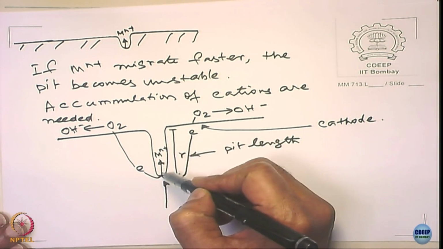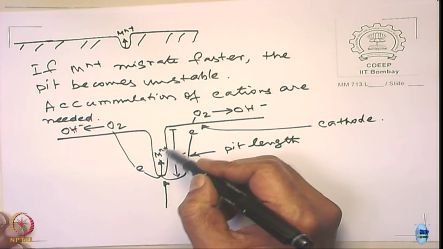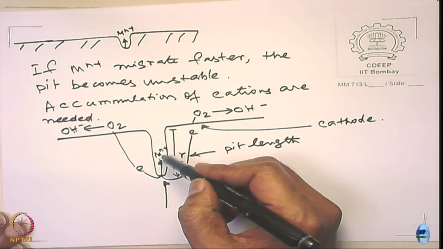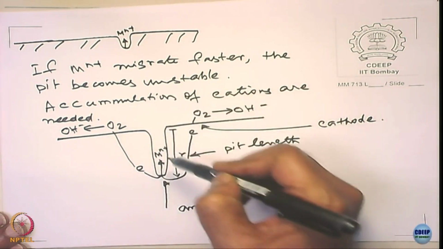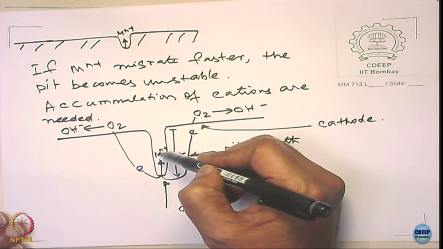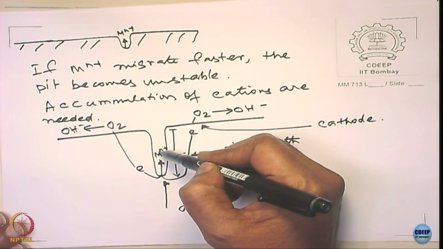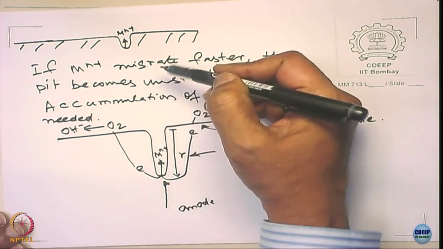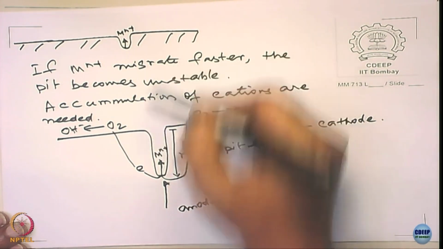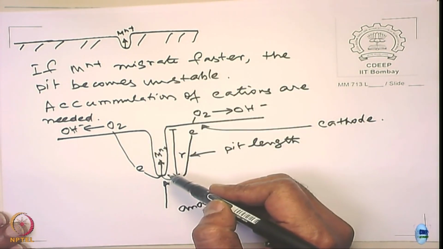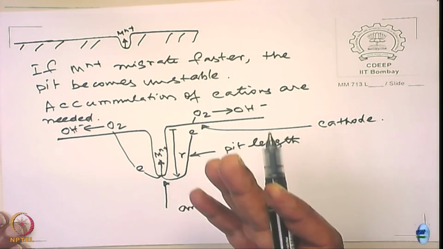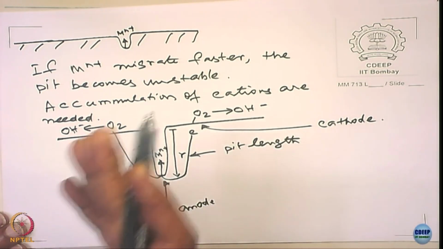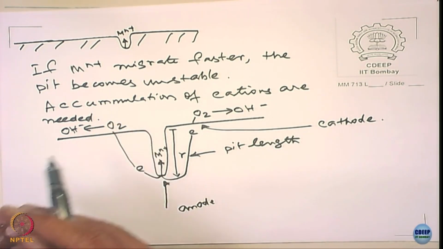One is the dissolution of metal ions giving rise to this. And what is the other process? The other process is the migration of these ions from the pit to the outside of the pit. So now you tell me, what are the governing factors that will make the pit stable?